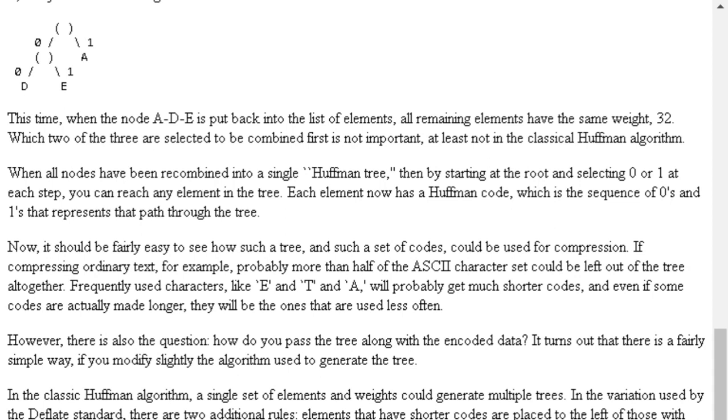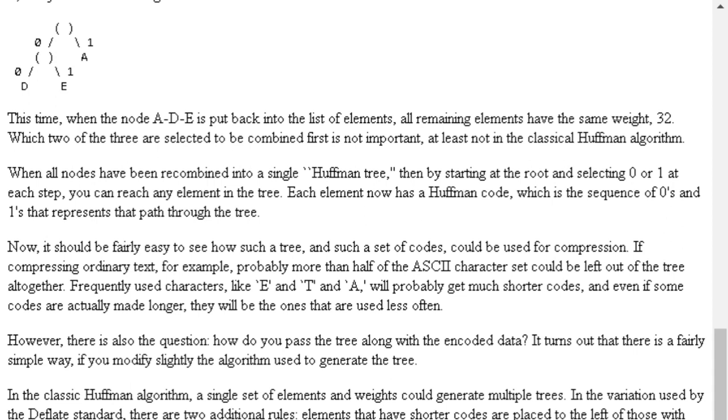When all nodes have been recombined into a single Huffman tree, then by starting at the root and selecting 0 or 1 at each step, you can reach any element in the tree. Each element now has a Huffman code, which is the sequence of zeros and ones that represent the path through the tree. Now, it should be fairly easy to see how such a tree and such a set of codes could be used for compression.